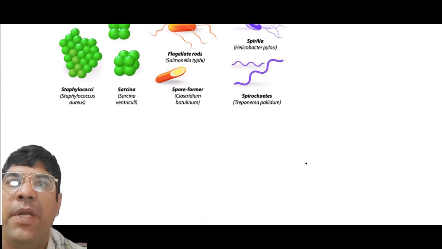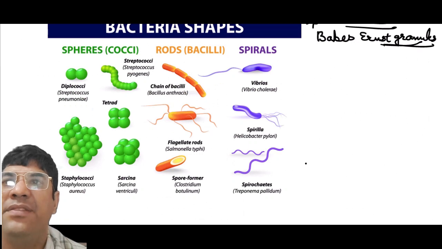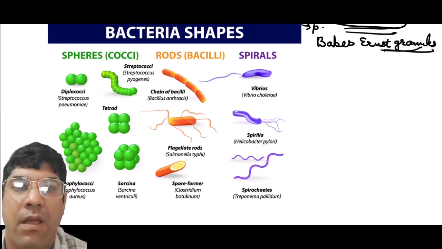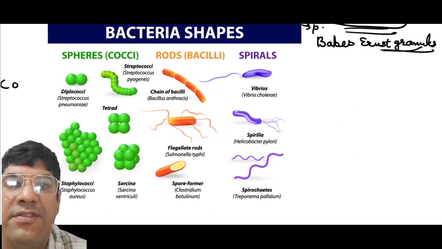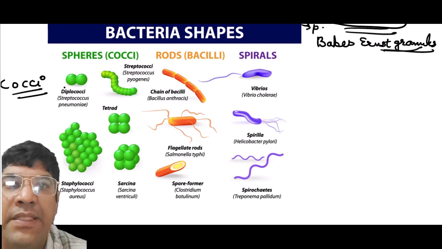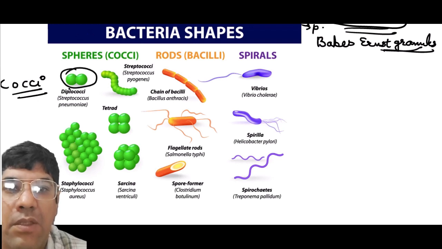Now, coming to the bacterial shapes, let us discuss the various shapes of bacteria. First of all, they are the cocci. They are spherical or oval in shape. The word coccus is derived from a Greek word meaning berry. So they can occur singly or in clusters.